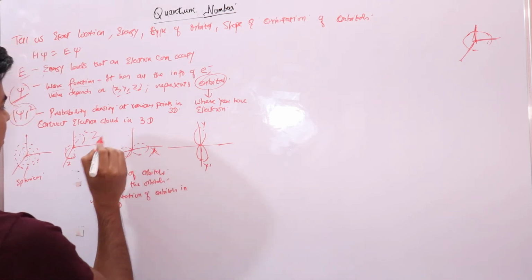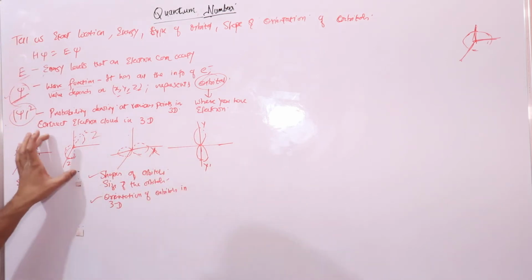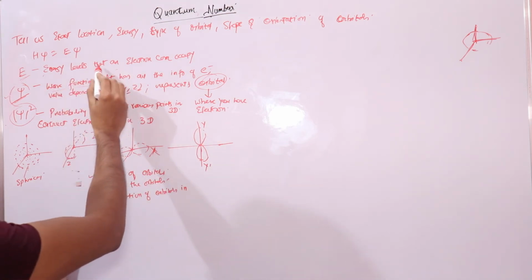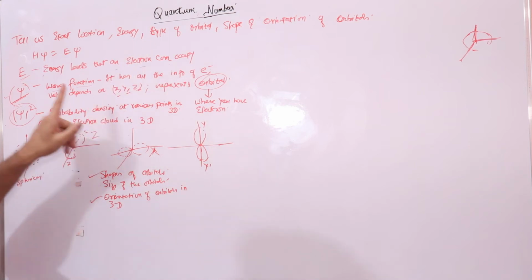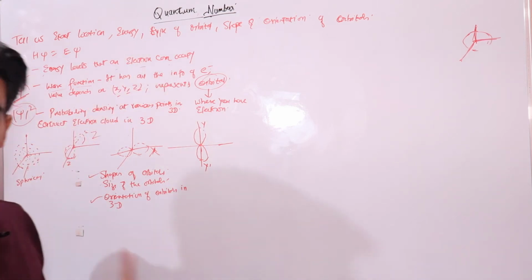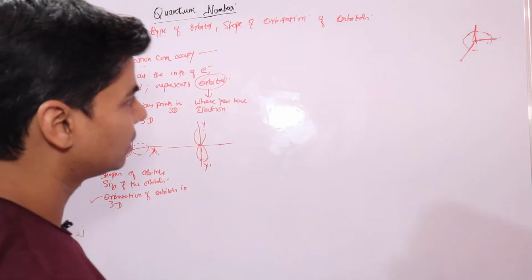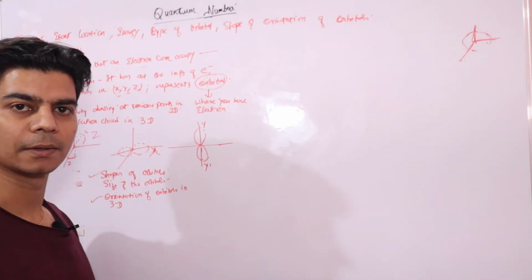This is your z-axis. So these orbitals are oriented in 3-dimensional space, right? The energy levels that an electron can occupy are given by the value of E when you solve the Schrodinger equation, and this tells us the various energy levels that an electron can occupy.